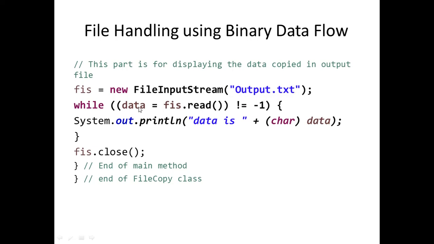Now you have to check whether the output file has got the entire data which was there in the input file or not. So the data from the output file is displayed, and then again the FileInputStream is closed. This is the code which we are going to go through, and that is all so far as the Java input output part in your syllabus is concerned.